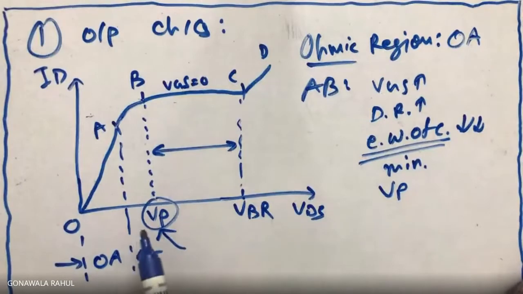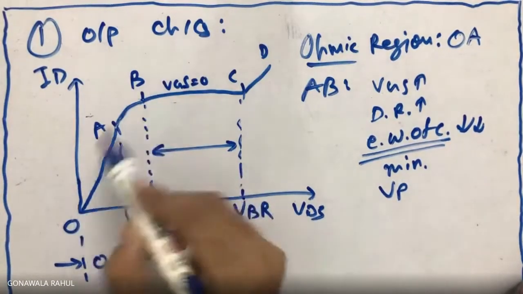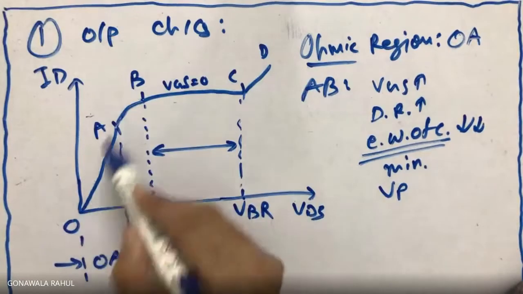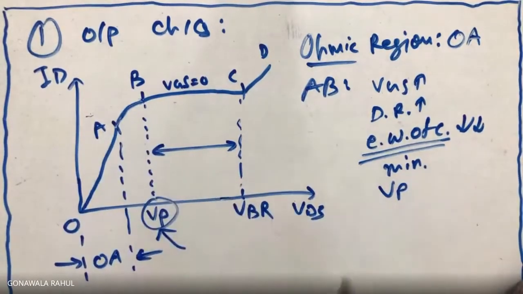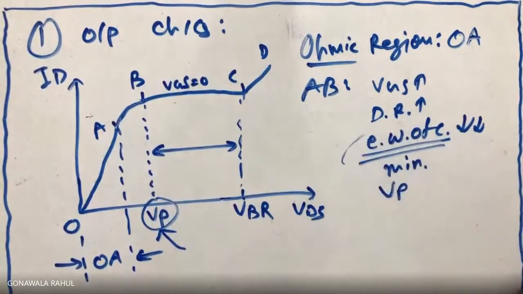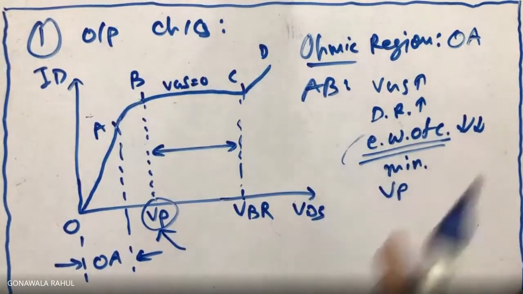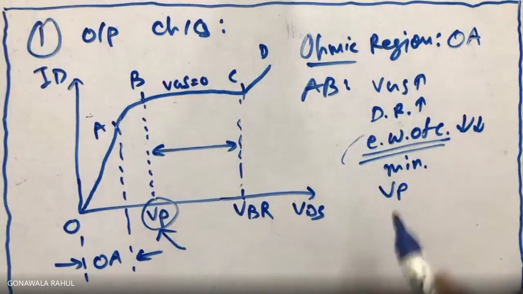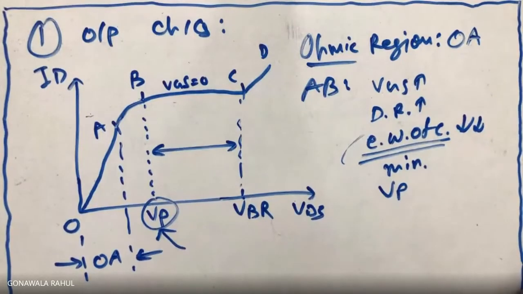The VDS at which the channel pinch off occurs is called pinch off voltage. What do we mean by channel pinch off? The effective width of the channel is reduced to its minimum value. At that time it is called pinch off voltage, and that is known as VP.